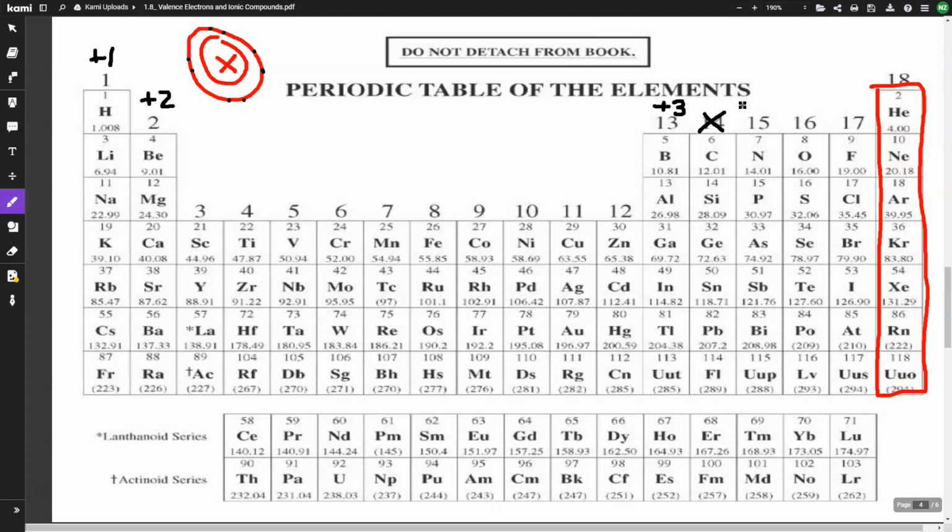Because it's gaining 3 electrons, it'll have a charge of -3. Our group with oxygen has 6 valence electrons. It needs 2 to get to 8, so by gaining 2, it'll have a charge of -2. And then this one has 7. It needs to gain 1 to get to 8. Our noble gases already have 8, so you will not see those gaining or losing electrons because they have a perfect octet.